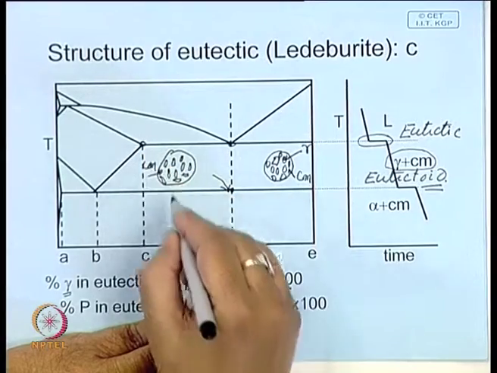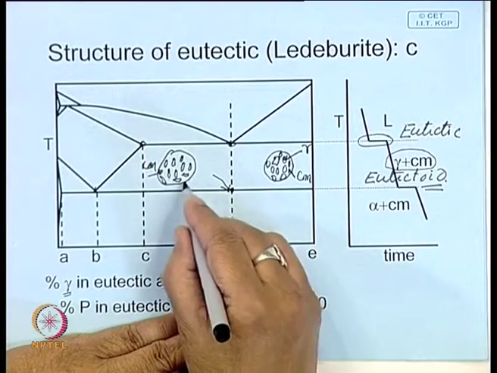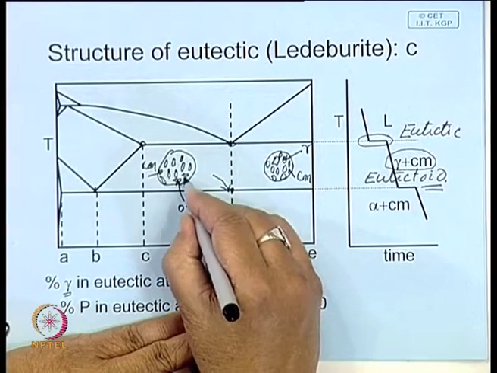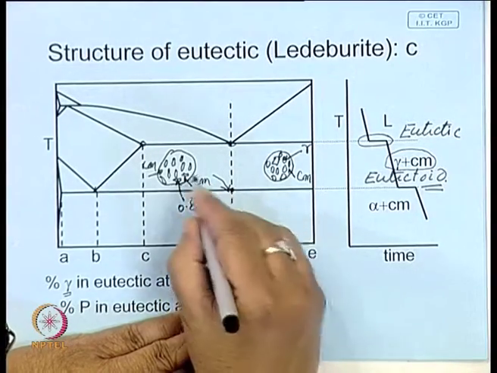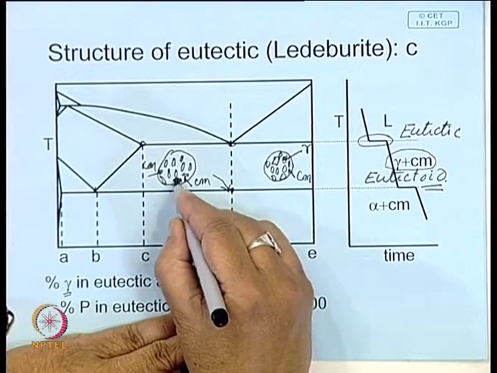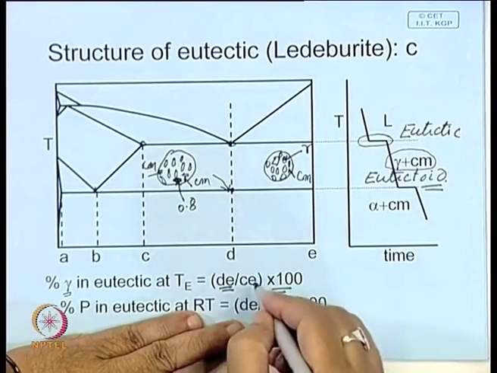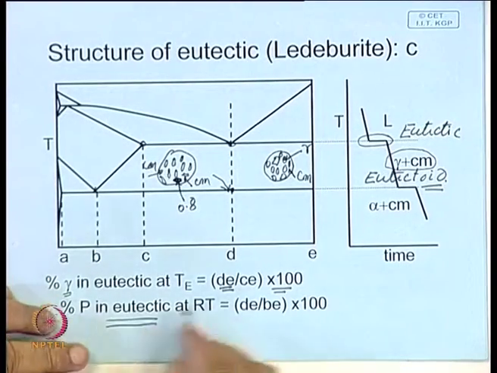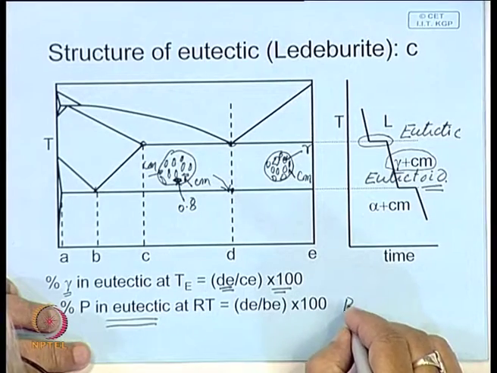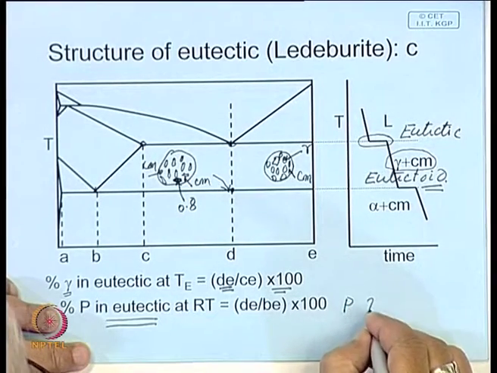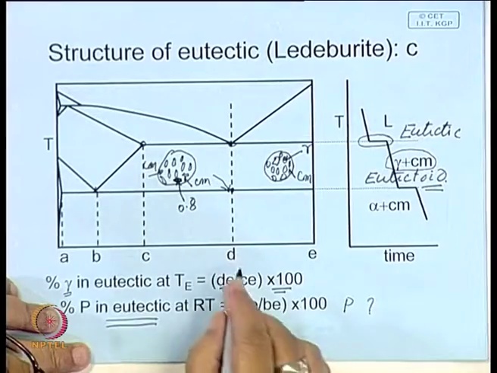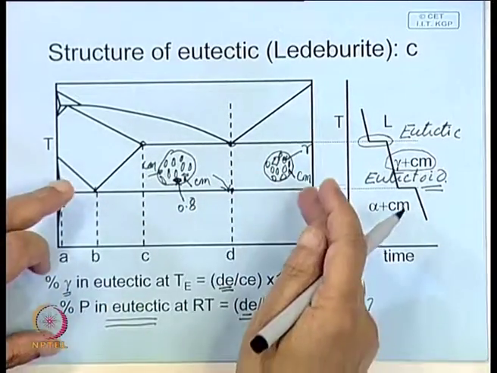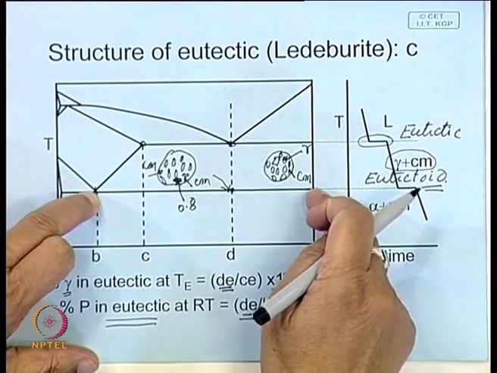Initially it was 2% carbon, now this austenite is 0.8% carbon, and this is cementite. Now, this austenite gets converted into pearlite. So, you can find out how much is the amount of pearlitic region in the eutectic, and this will be given by dE over BE.